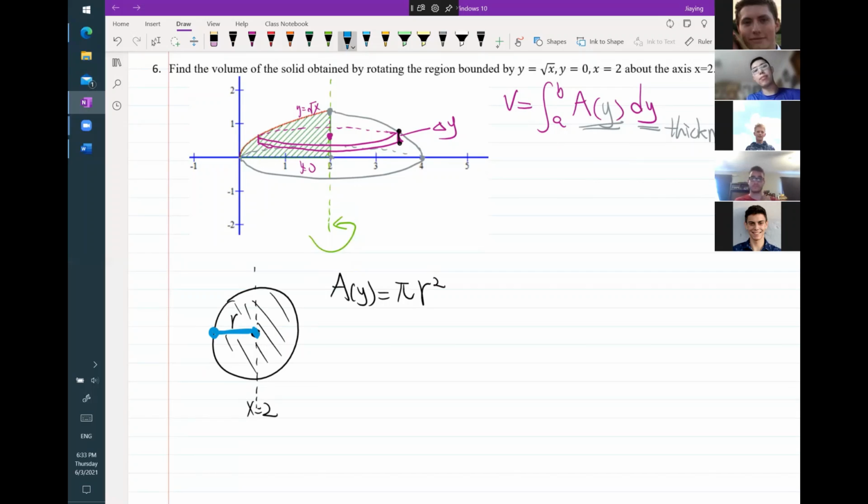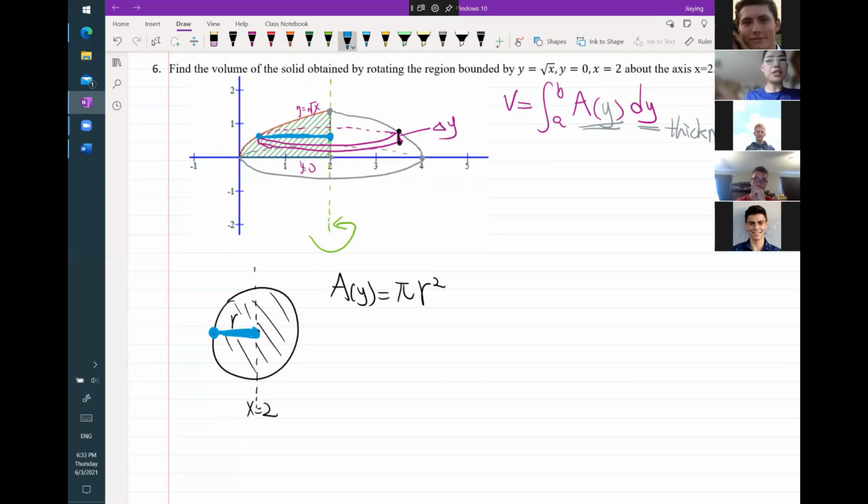You can pick the point to the right if you like, but I'm going to pick the point to the left to find the radius. In my drawing of the solid, that distance is given from this blue point all the way to this point. So that will be the radius that I need to find the cross-sectional area.